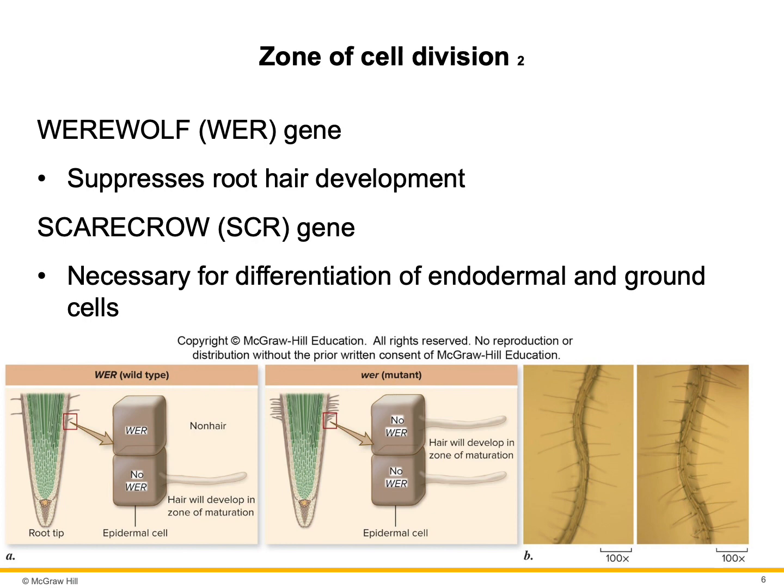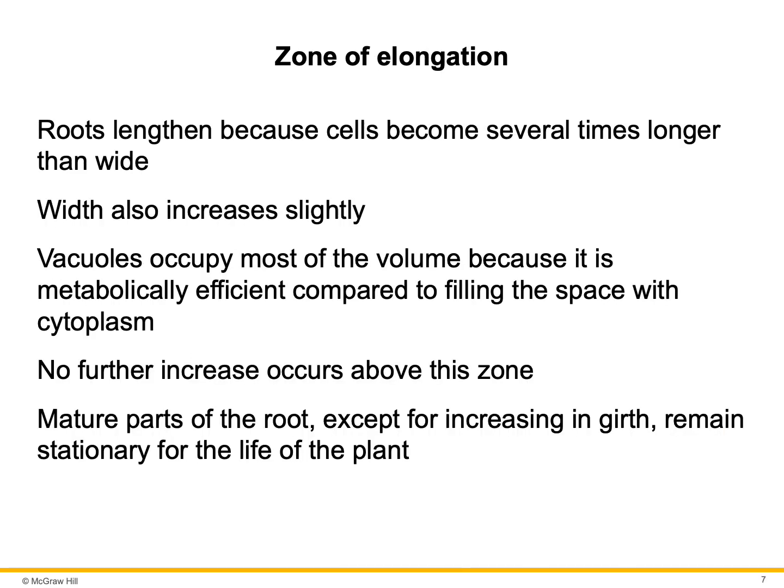One is the outer cell layer, which becomes the ground tissue and serves as storage, and the inner cell layer forms the endodermis. So it is very important to have this gene functioning for differentiation of endodermal and ground cells. Now we are done talking about the zone of cell division. Let's move into the next zone, which is the zone of elongation.